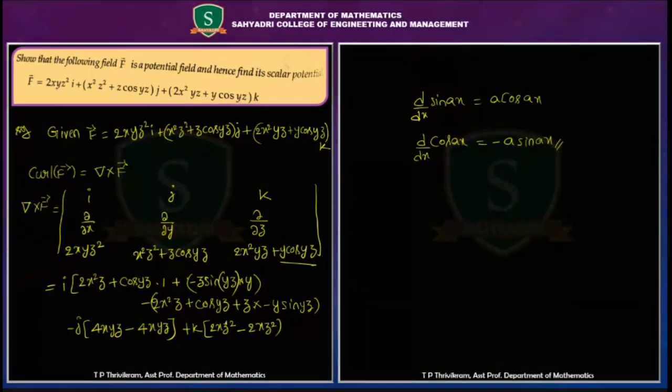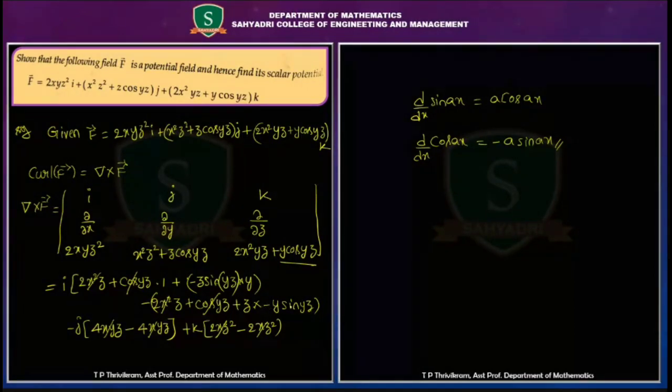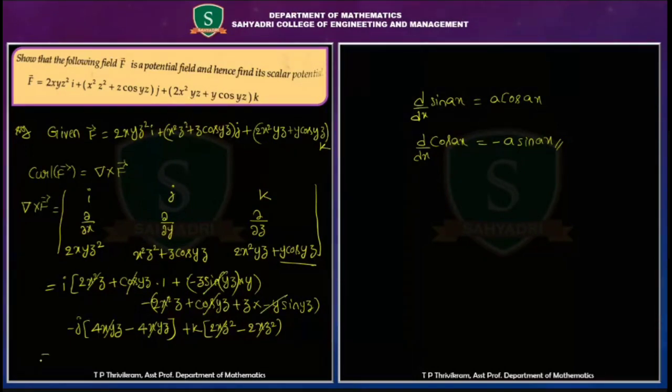Okay. So these two get cancelled. Here also these two get cancelled. 2xz square gets cancelled. Cos yz, here also cos yz gets cancelled. Minus zy sin yz, here also zy sin yz. So these two also get cancelled. So overall the output is 0.